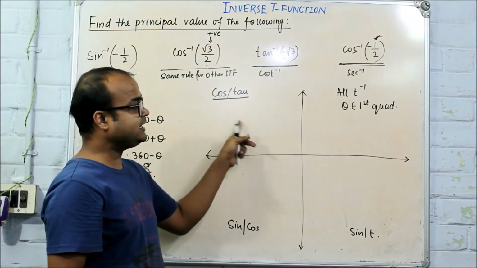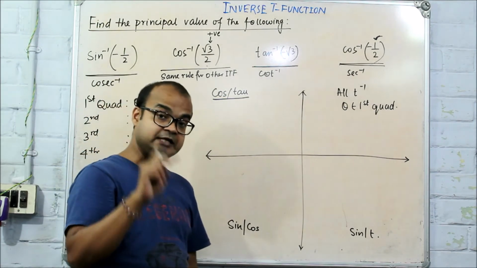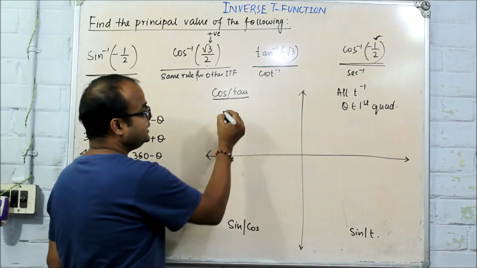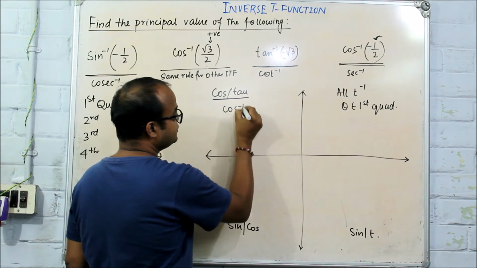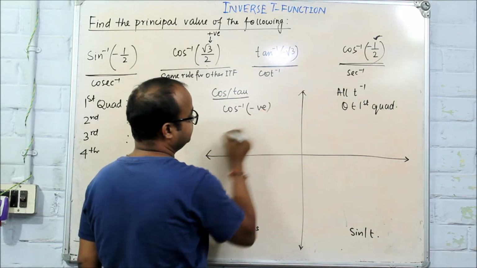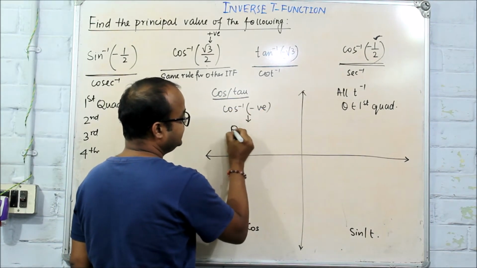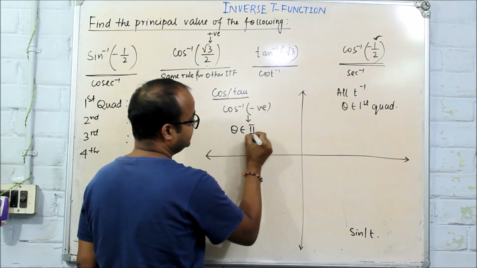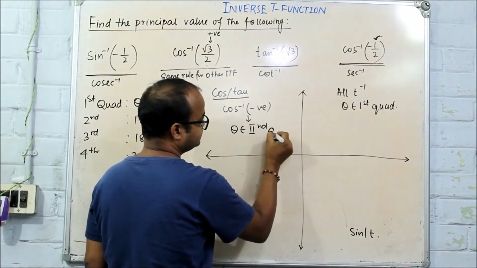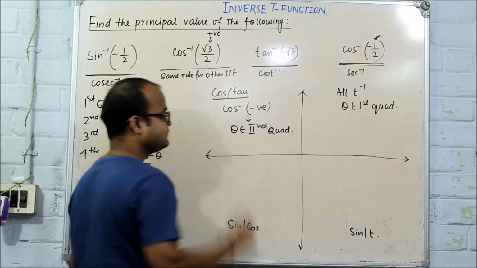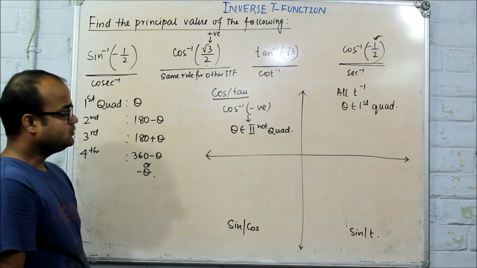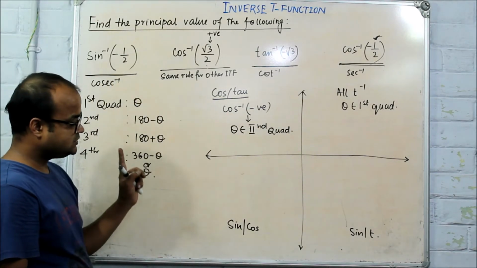Obviously we get the smaller angle in the second quadrant. So if it is cos inverse of a negative, your theta will belong to the second quadrant.